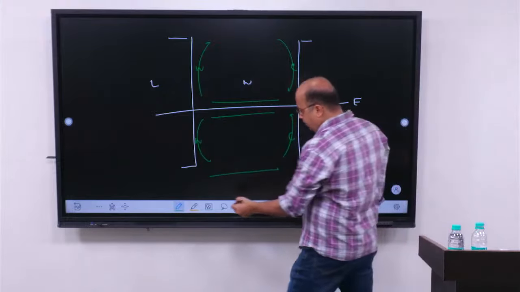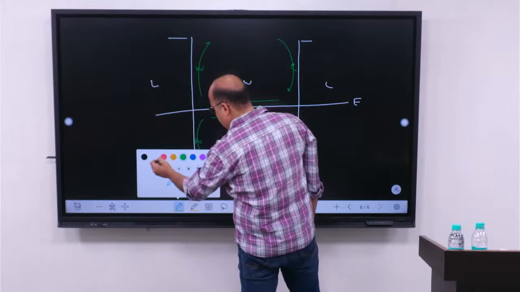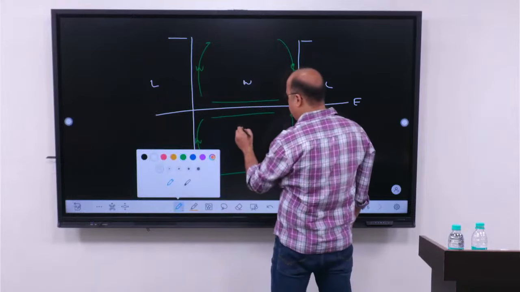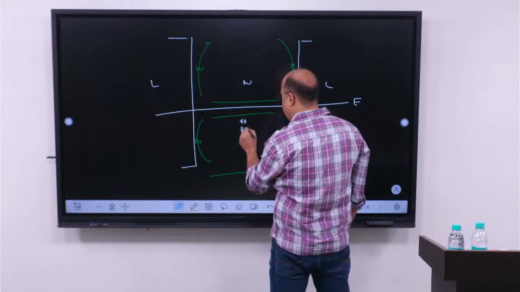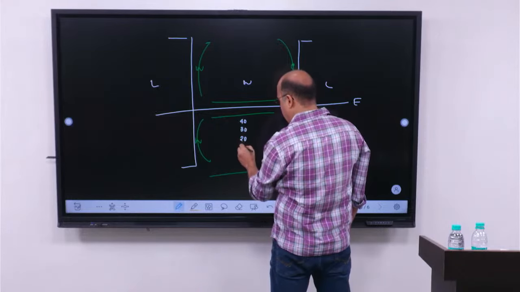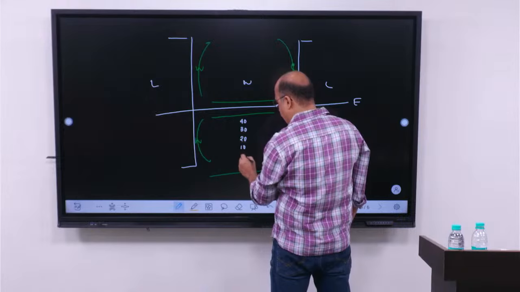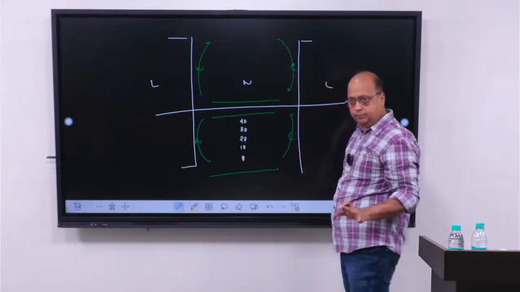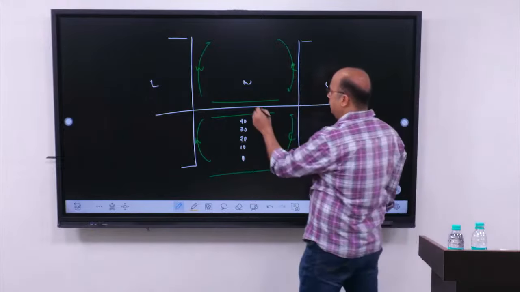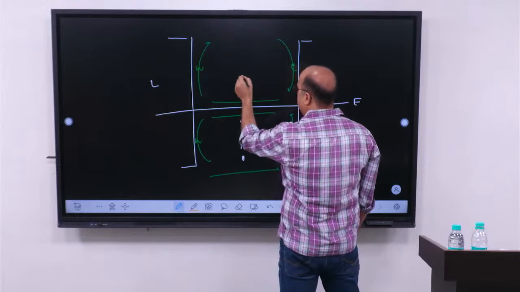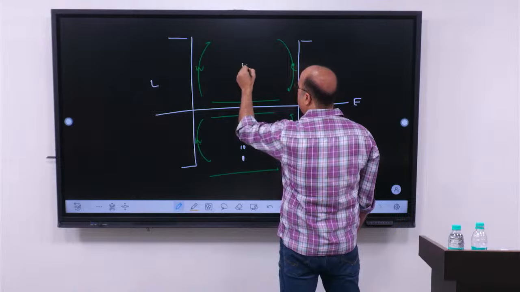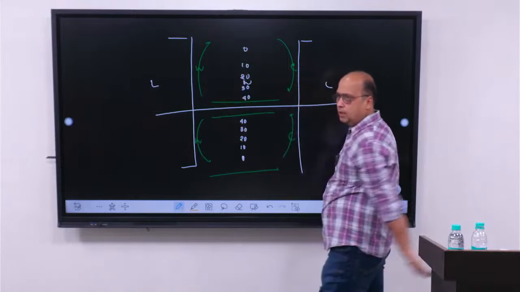And let us suppose we have a latitudinal temperature, 40, 30, 20, 10 and 0 like this. Here also we have 40, 30, 20, 10 and 0 onwards.